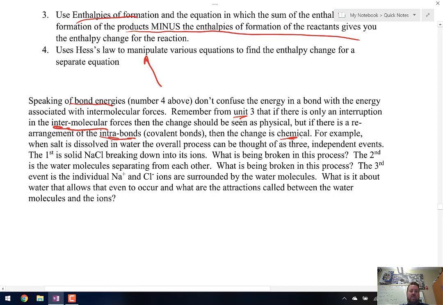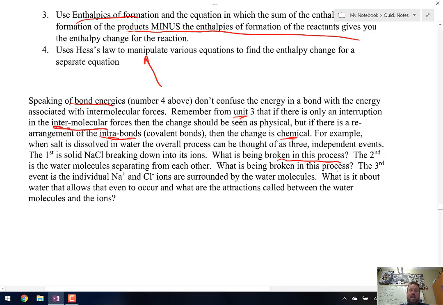Okay, when salt is dissolved in water, again, remember, we can think of that as three different events. It's endothermic: the NaCl is breaking apart, so you're actually breaking the attraction, the bond between the sodium and the chloride ions. And then the water separates from each other.